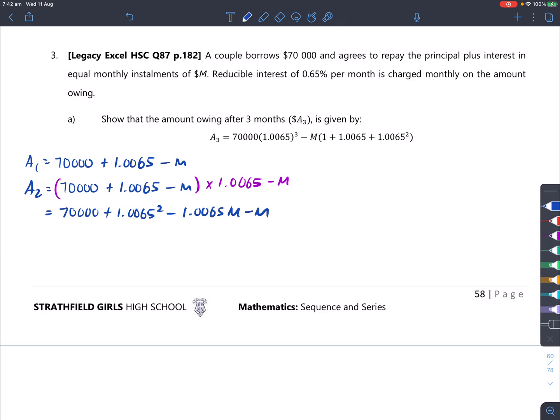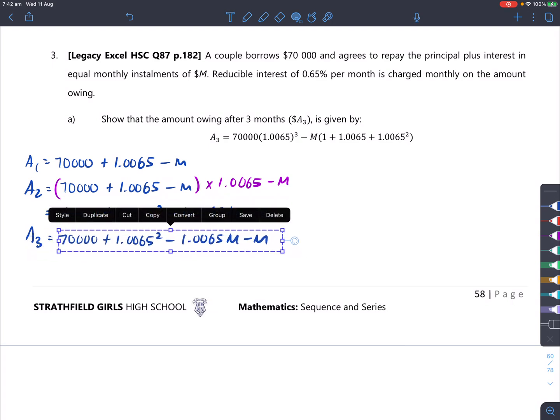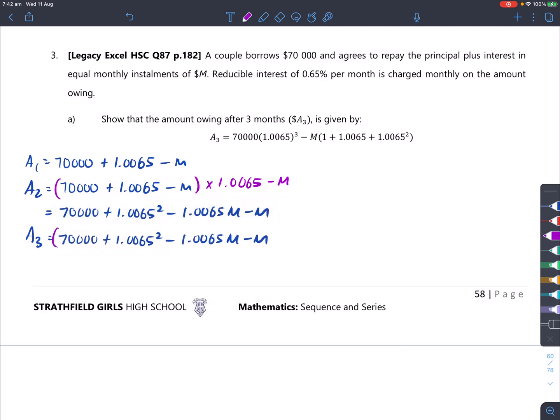Then for A3, what we're going to do is the same thing. So we're going to get A2's amount times by 1.0065 minus M, and that's equal to 70,000.